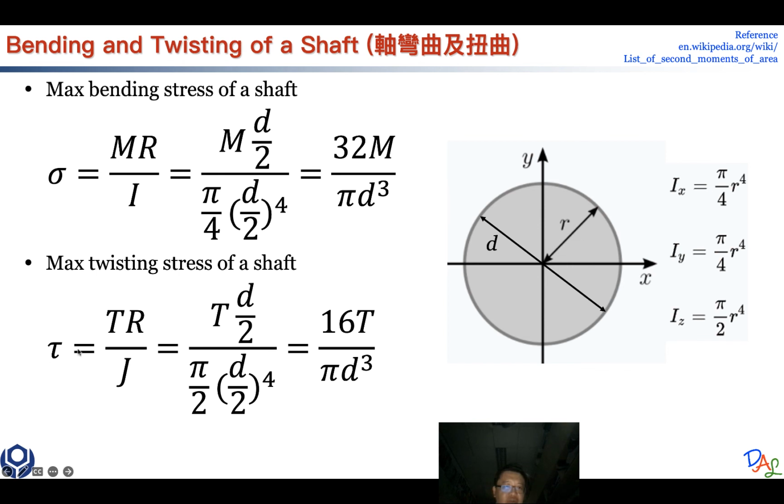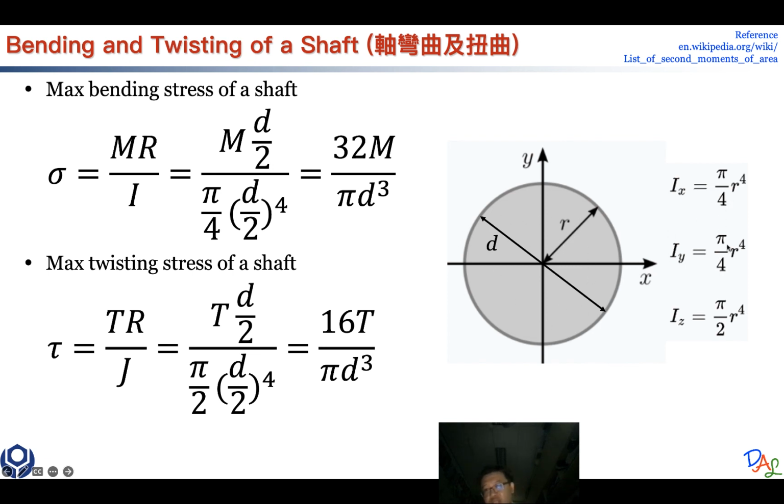And tau equals T r over J, r equals the diameter over 2, and J is, not half, sorry, double of Ix, because J equals Ix plus Iy, and Ix and Iy are the same because this is an axisymmetric material.